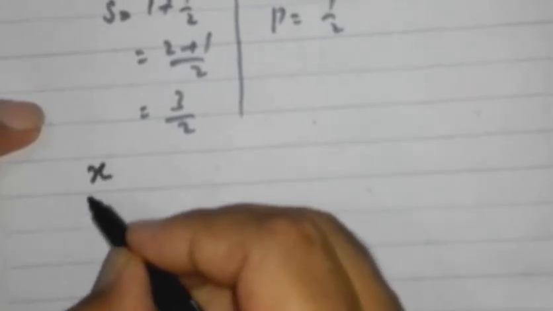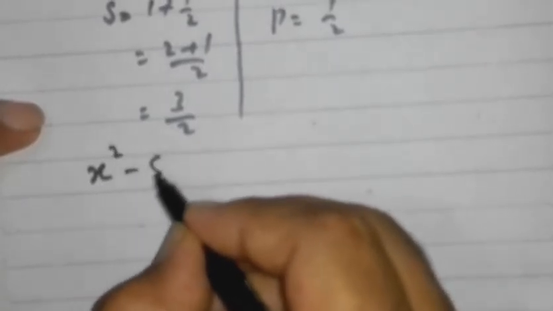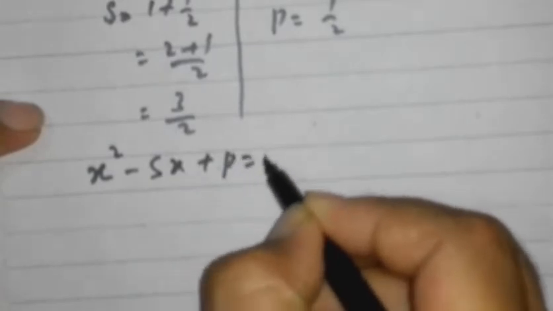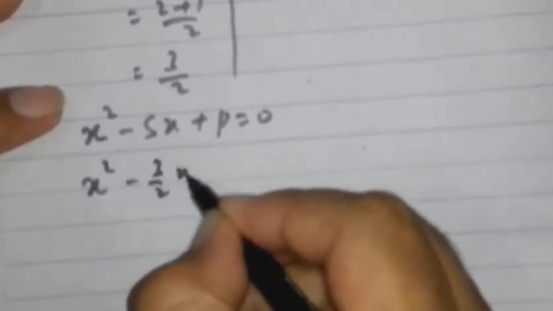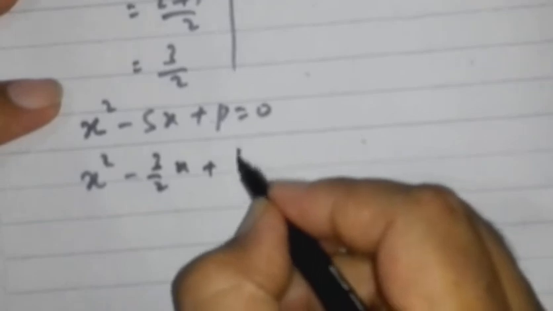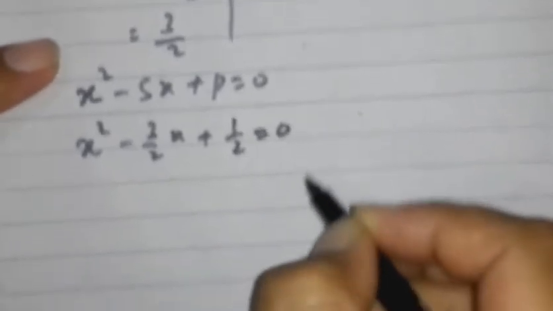Now the required equation will be of the form x square minus Sx plus P equals 0. So put the values of S and P here. X square minus, S value is 3 by 2 x, and P value is 1 by 2, equals 0. Multiply all the terms on both sides by 2.